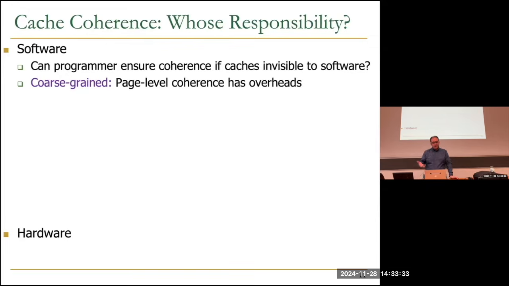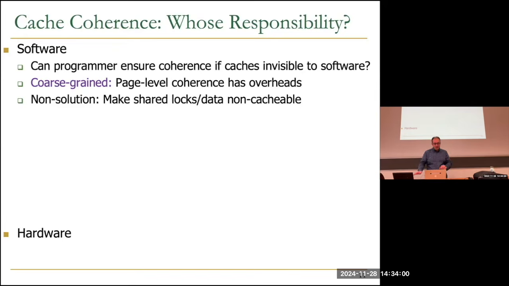You are doing coherence at page granularity, which has a lot of overhead. If you want to update a block or a word which has nothing to do with other blocks that other processors are updating, you cannot do that, right? Because your coherence protocol is implemented at the coarse grain.